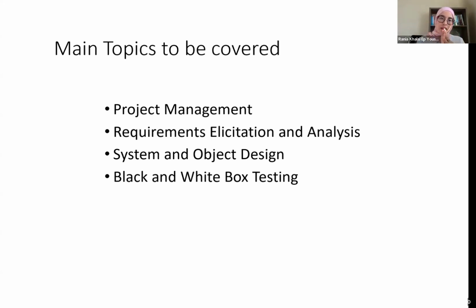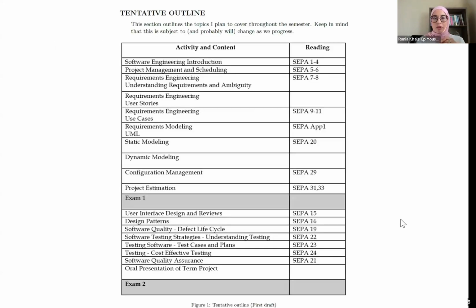So these are the main topics that are going to be covered. I shared the syllabus with you before; you can find it in Blackboard, where there is a section for general course information. The syllabus has more details about the course, but I'm covering everything in this video.